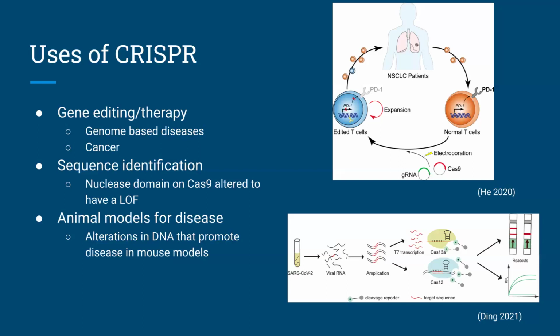That image right there shows that you can use CRISPR in this specific type of cancer to change the DNA so you don't express PD-1 anymore. PD-1 is important because when it binds its ligand, it will inhibit, if I'm remembering correctly, an immune response. So by removing that receptor, you are promoting an immune response against the cancer cells.